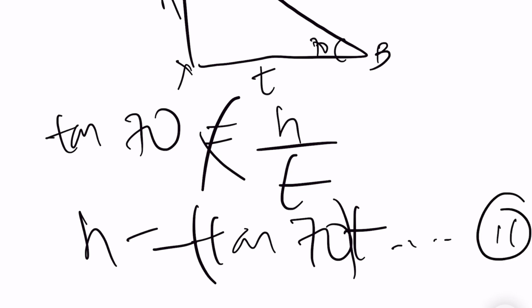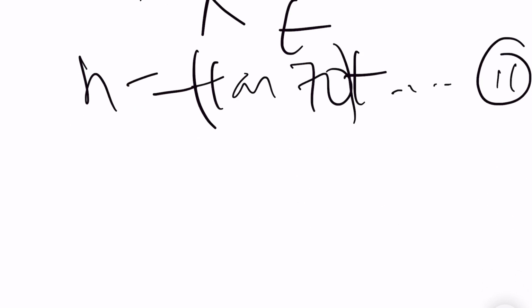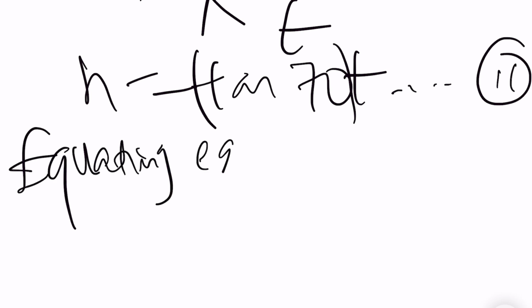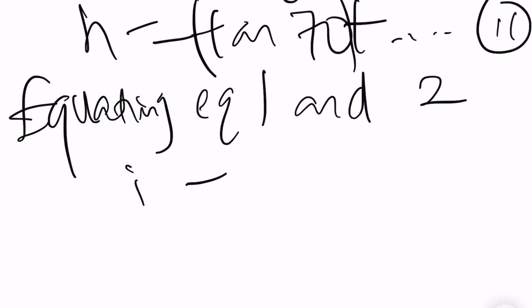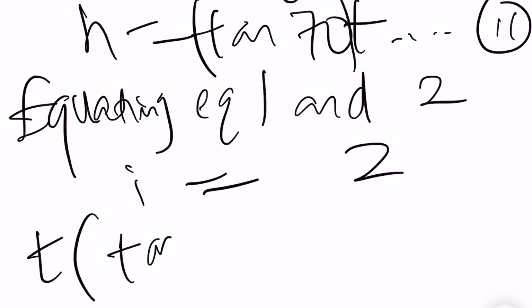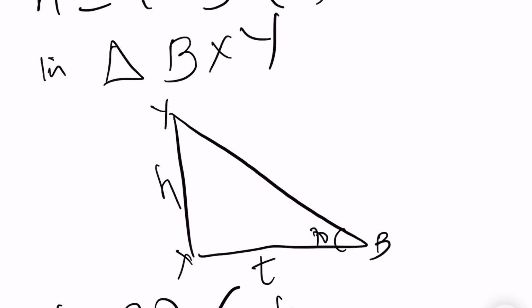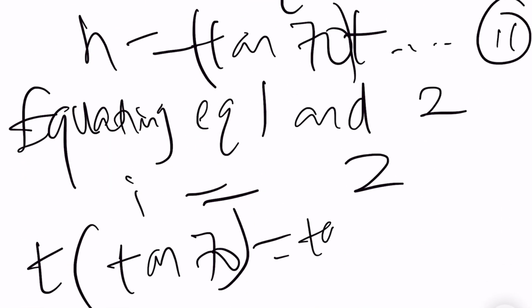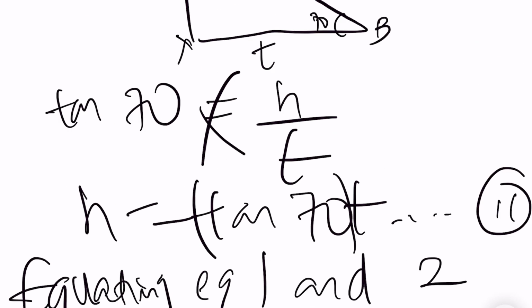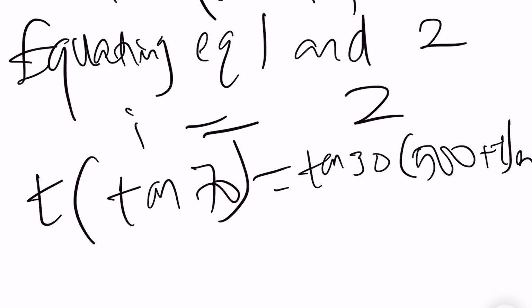So when we equate equation 1 and equation 2, we have t tan 70 equals tan 30 times (500 plus t) in meters.